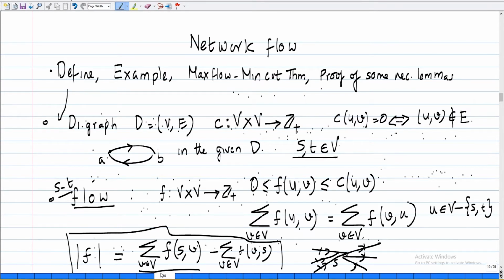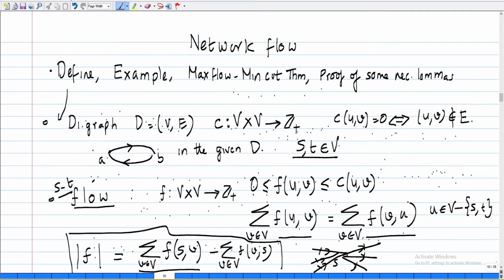The conservation condition says that except at S and T, the value of the flow must be conserved, which means any flow that comes into a vertex u should also leave that vertex u. But at S and T, there is no such condition.